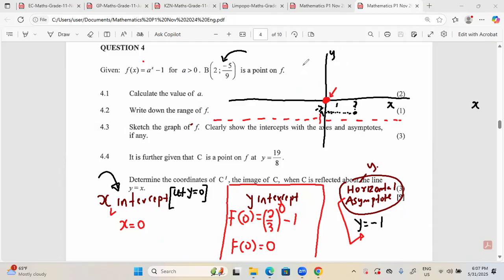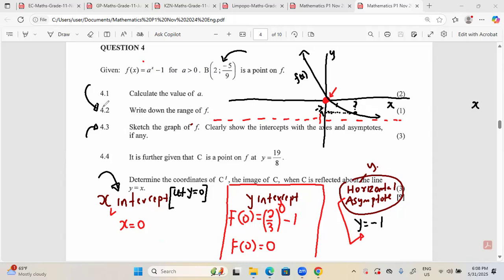So your graph goes like this. It approaches the asymptote but will never touch it. Make sure that it does not touch the asymptote. So this is the graph of f of x. Now that was 4.3. Now you can easily answer 4.2. They say, write down the range of f.